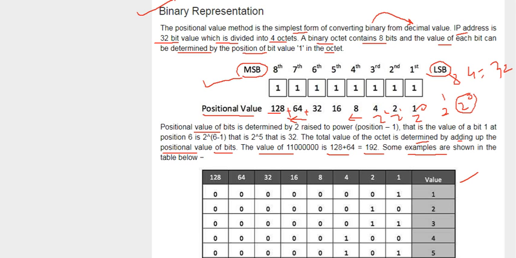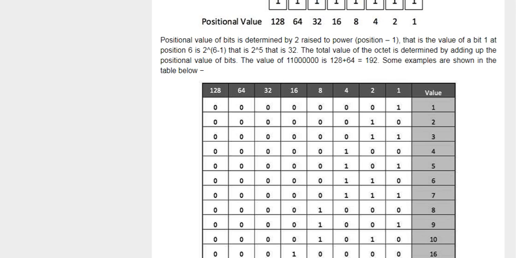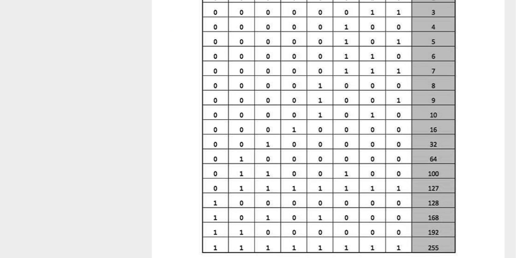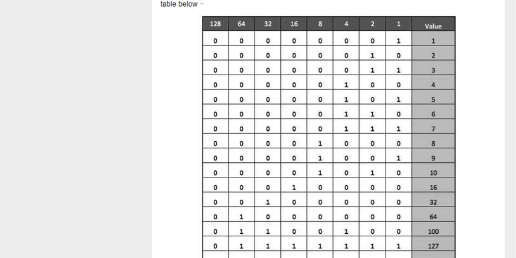Okay, so there is a table that represents some values of this binary with the respective positional values. Here values are given from 1 to 255, that is the maximum value, and the positional values are given, that is 1 to 128 for 8 bits.